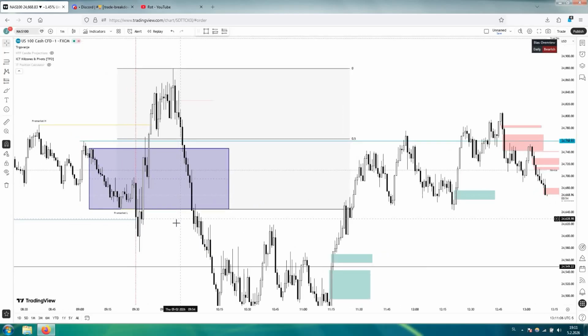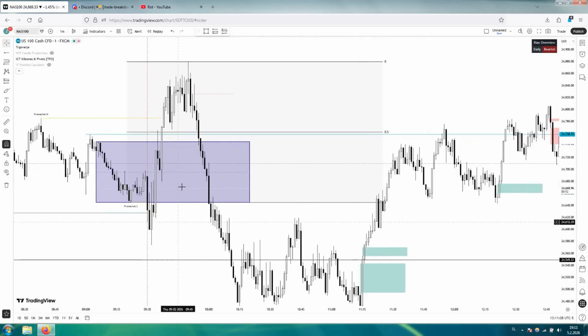But then I noticed that with this huge movement to the downside, we actually closed, you see with this candle, below equilibrium and below the order block. That told me that we disrespected equilibrium and the order block, so there is a chance that we will not go higher but lower instead.